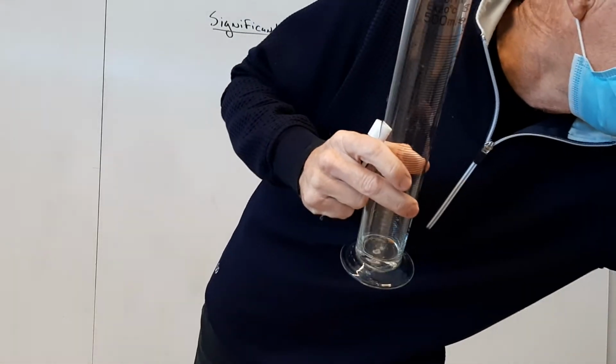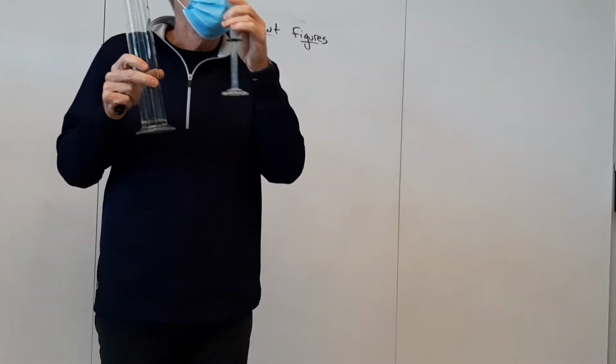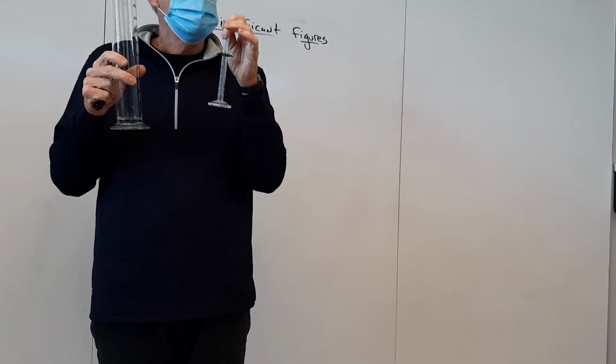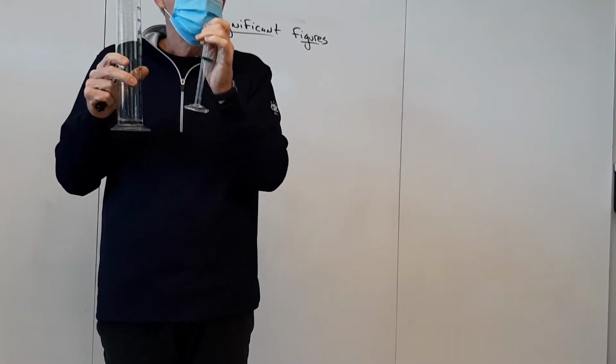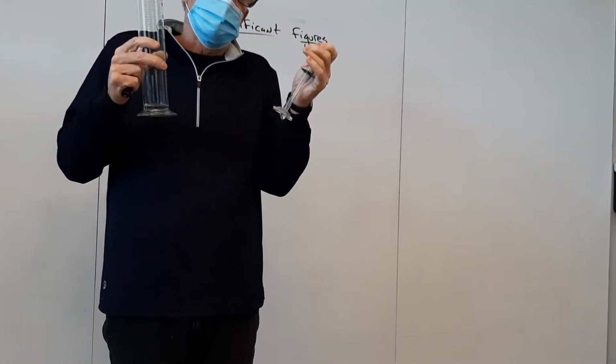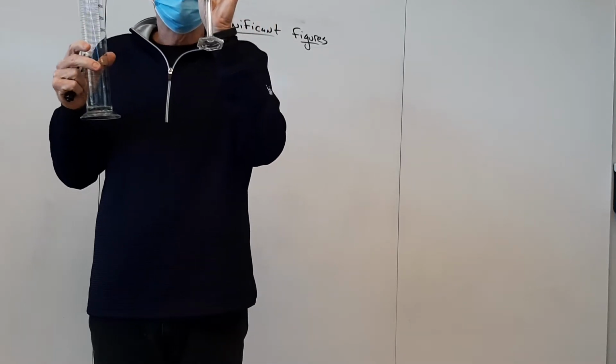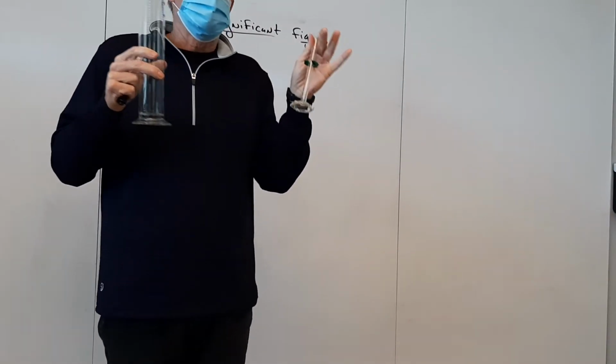Whereas if I use this one, I can confidently say that I'm within 1/10 of a milliliter. So this has to do with precision, but also with accuracy, because if you use something more precise, you can get a more accurate answer.